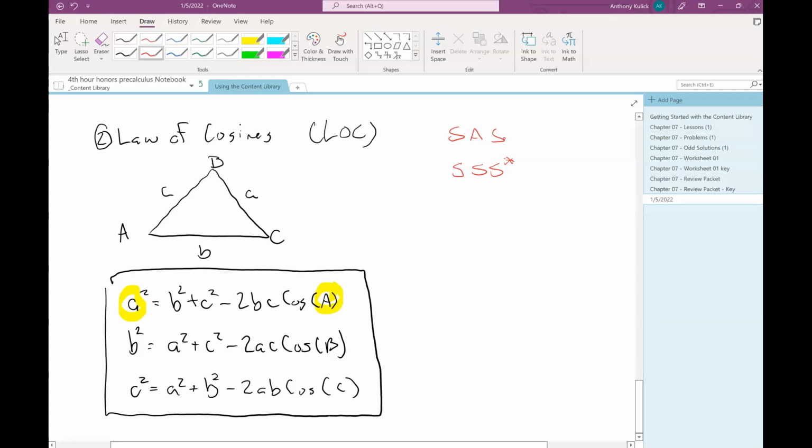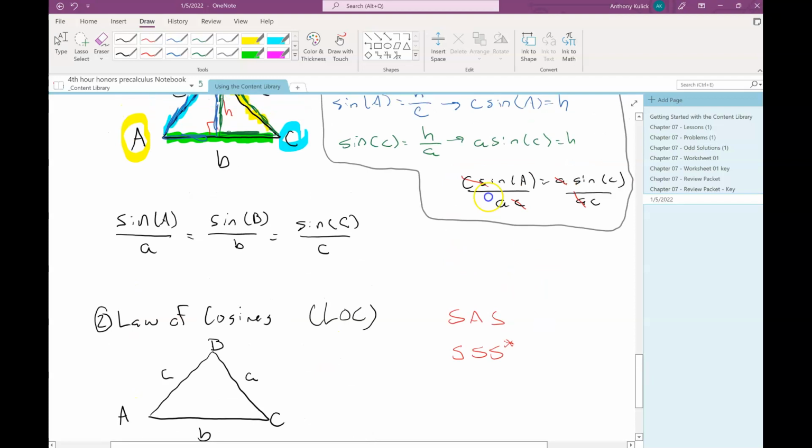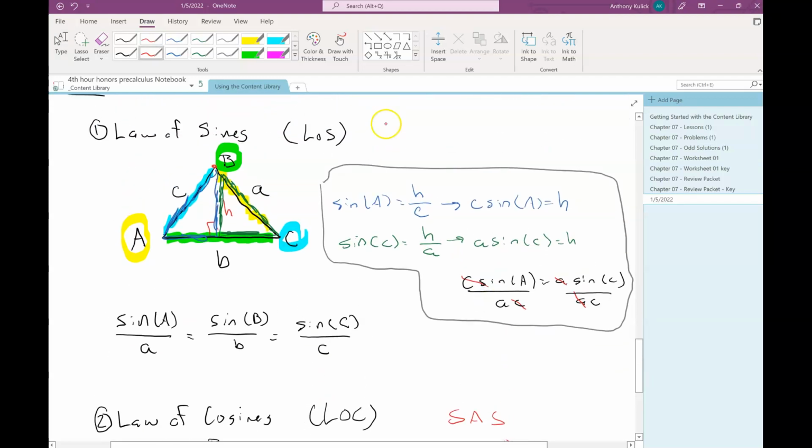I'm just going to put a little asterisk there to remind me to talk about that when we get to that point. And then for law of sines, we'll do that if we have an angle-side-angle situation, an angle-angle-side situation, and then a side-side-angle situation. And again, I'm going to put an asterisk on that side-side-angle situation because that, again, is not as simple as just do the formula.